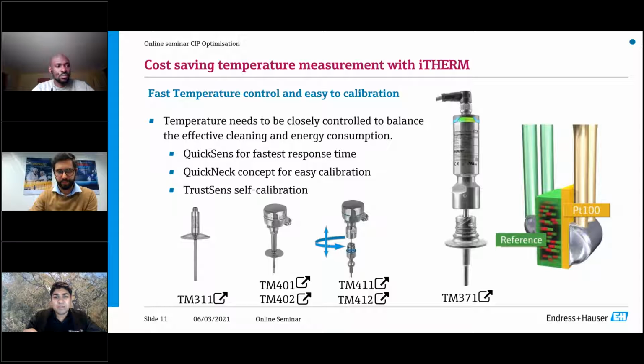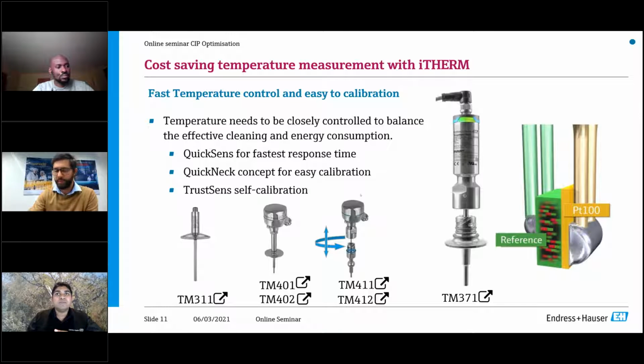The next one is our quick neck. So if you look at the third temperature probe that you see there, this is quite a unique design that we have, whereby you can use just half a turn and you are able to remove the sensor from the process.